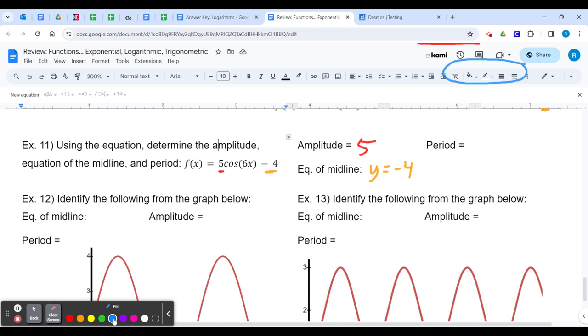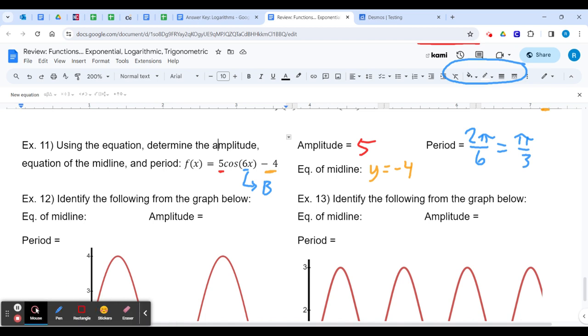If b is equal to 6, this is my b value. My period is going to be 2 pi over b, so 2 pi over 6. You're not wrong if you leave your answer like that, but we should try to simplify it down to the lowest fraction. So 2 pi over 6 is the same as pi over 3.